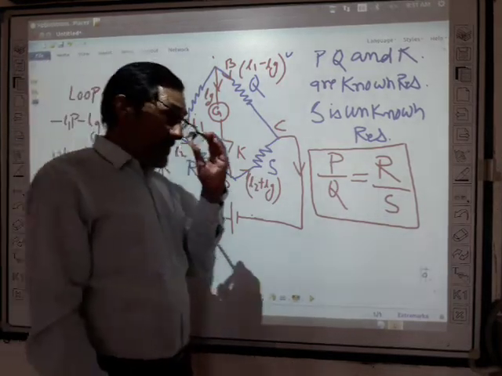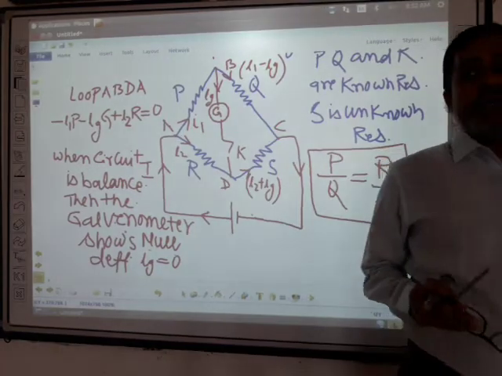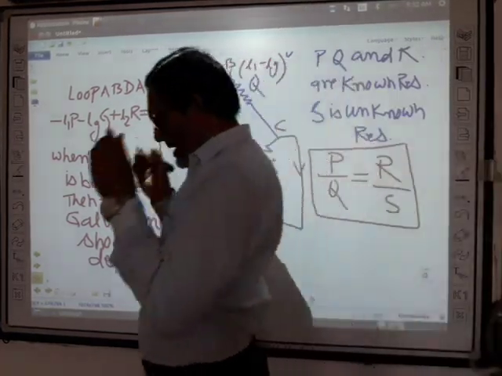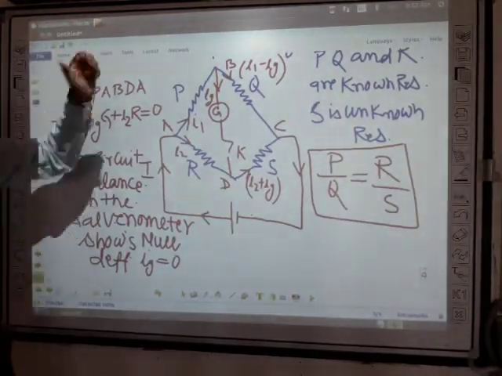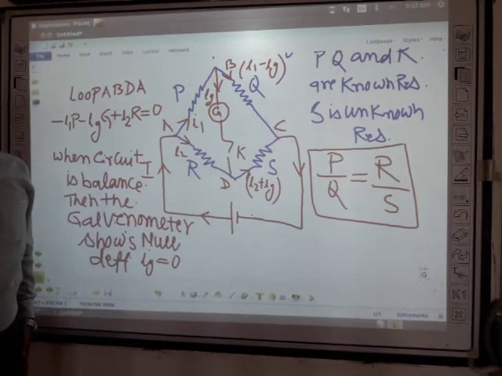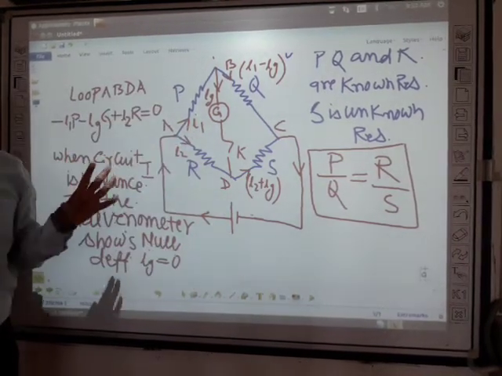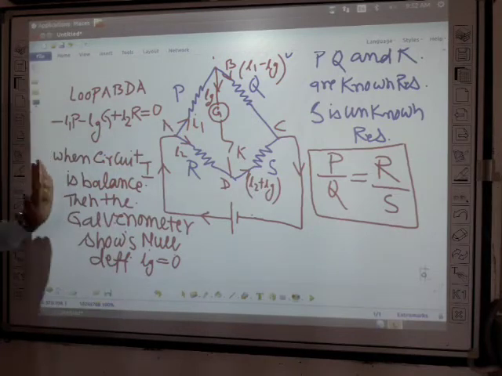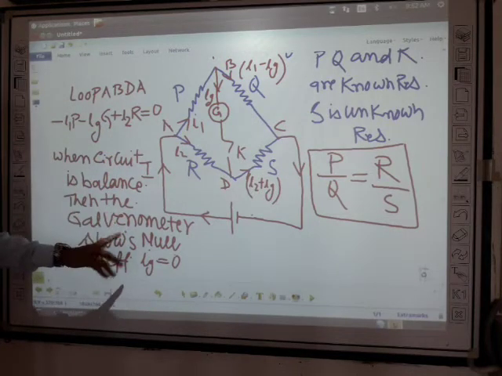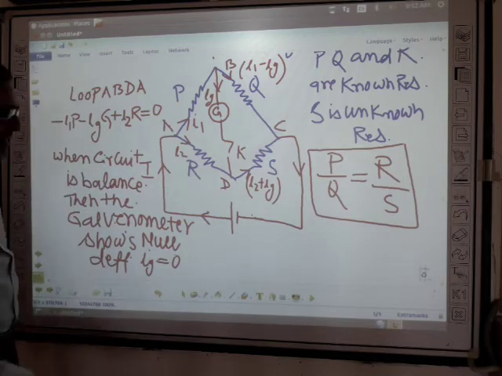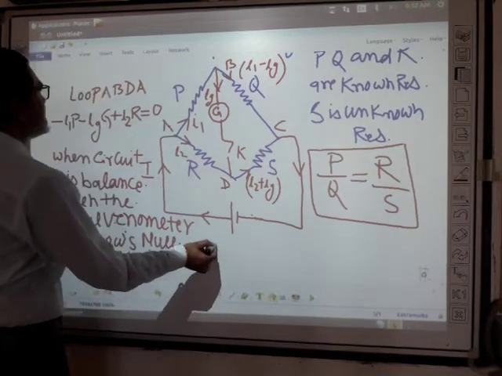Remember, if anyone tells you the circuit is balanced, it means that at each junction point the value of the current remains constant or 0. So Ig is 0 here, then what remains?